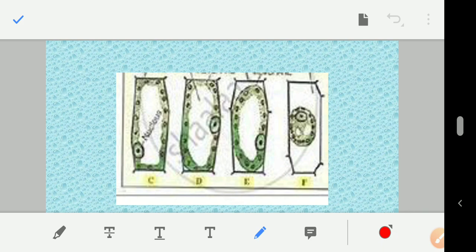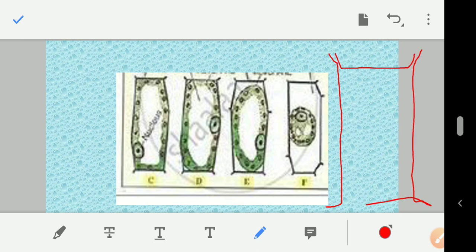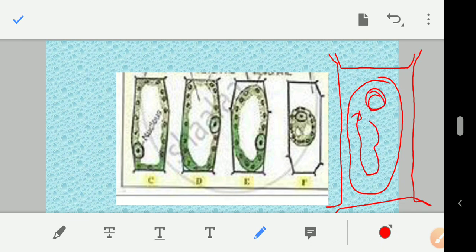This is a diagram of plasmolysis. Whenever you are drawing the diagram of plasmolysis, first draw a cell wall, then draw the cell membrane, then there is the nucleus, this is your vacuole, and these are chloroplasts. So what are you supposed to label? Cell wall, cell membrane.